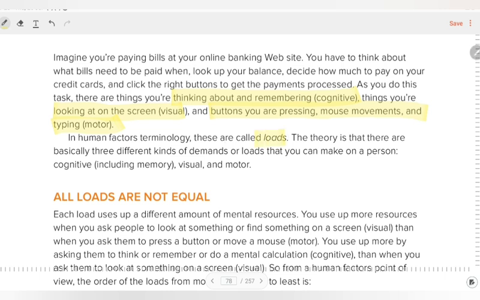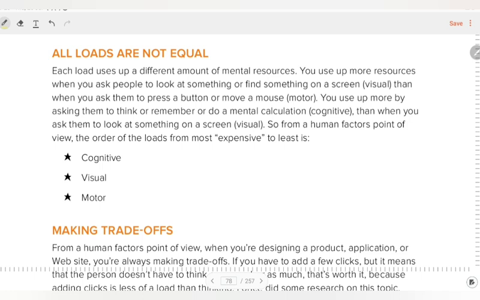The theory is that there are basically three different kinds of demands or loads that you can make on a person: cognitive, including memory, visual, and motor. All loads are not equal. Each load uses up a different amount of mental resource. You use up more resources when you ask people to look at something or find something on a screen, visual, than when you ask them to press a button or move a mouse, motor.